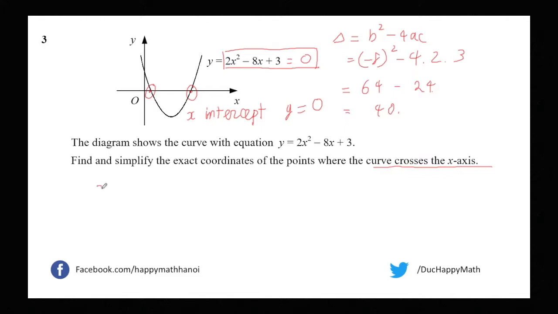So x1 has to be equal to minus b plus the square root of delta divided by 2a. Minus b you will have here is 8. The square root of delta, it means the square root of 40 here, and the 2a means 4. So this is 4, it means you can simplify this.